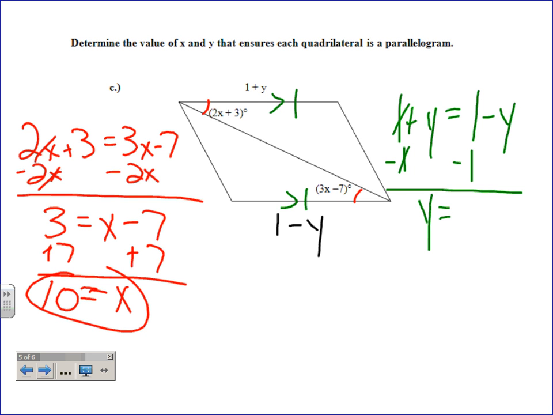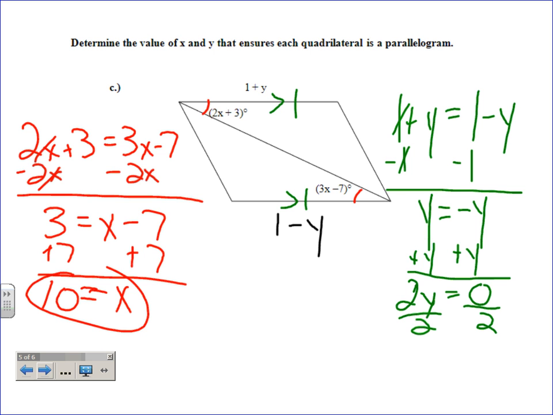Okay. Y equals negative y. Well, isn't that great? So you want to add y over? Okay, add y over. So 2y equals 0. Divide by 2, y is 0.